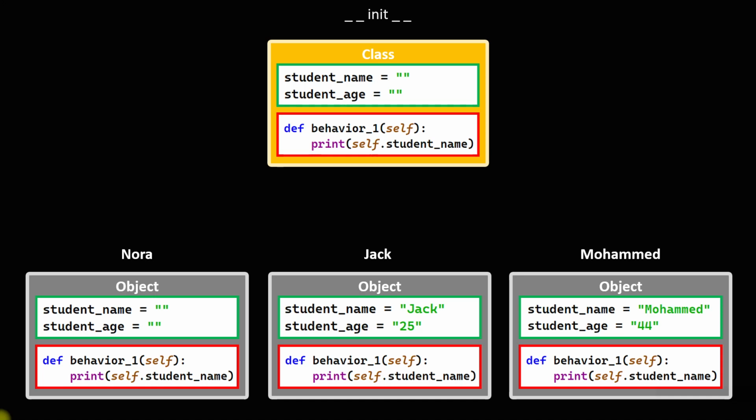We have to add the name of the student and also the age of Jack inside the student age attribute. And also the same for Nora. This is the concept of initialization. You have to make the object ready to use.